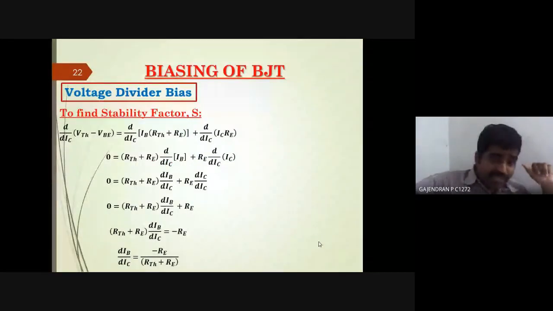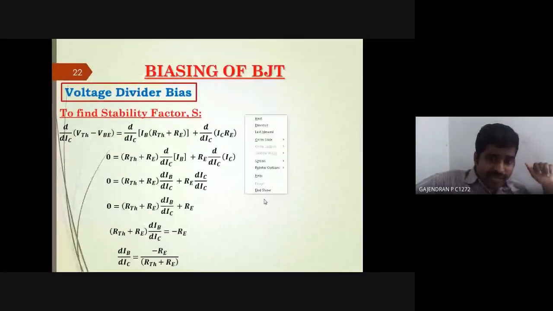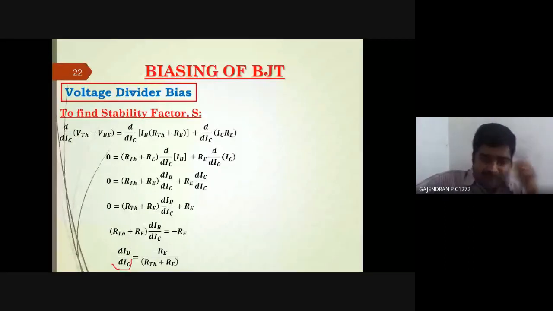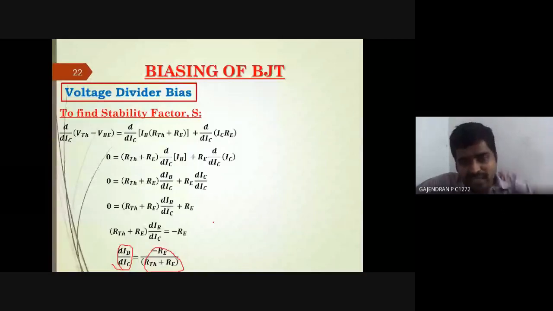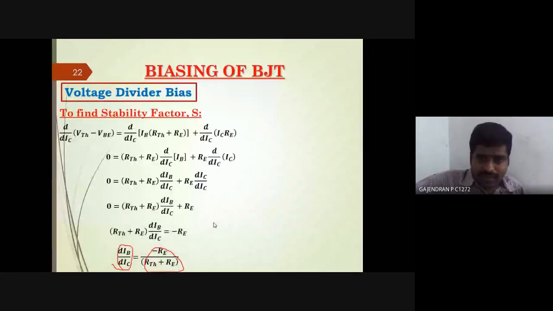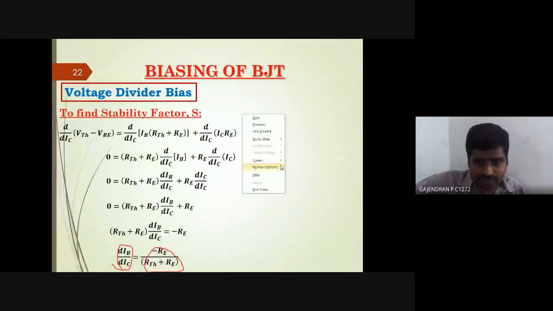In the previous class also, we found IB and IC. In the differentiation value we will find it in some way. Okay, by some magic we will get this value. Why? We need to substitute this in this equation. Have you taken a screenshot of this one?